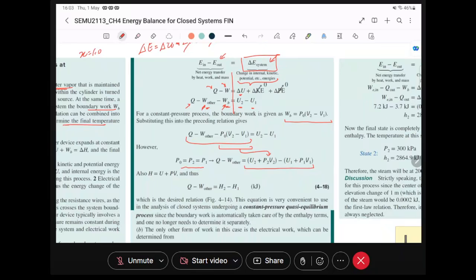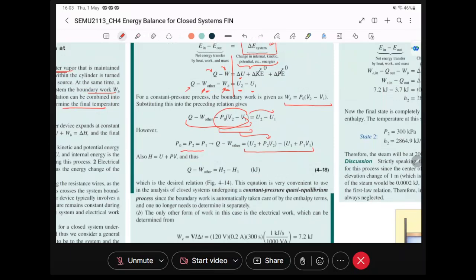We can expand it. Sorry, we move this to here. Okay, so then we have Q minus any other work done to the system. Okay. Which in this case, this other work is basically the electrical work.